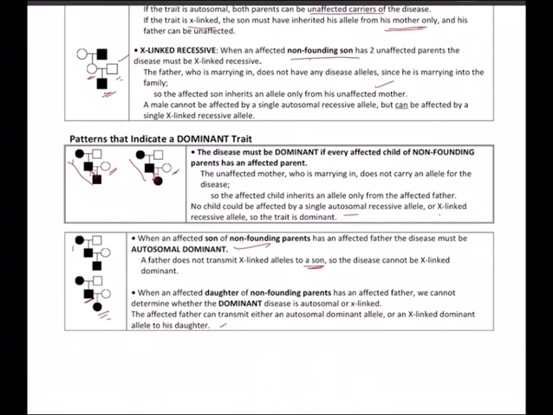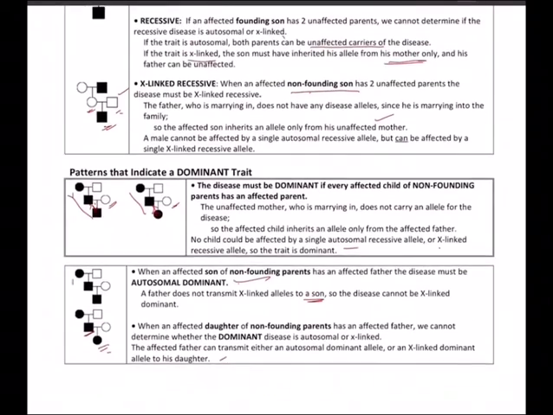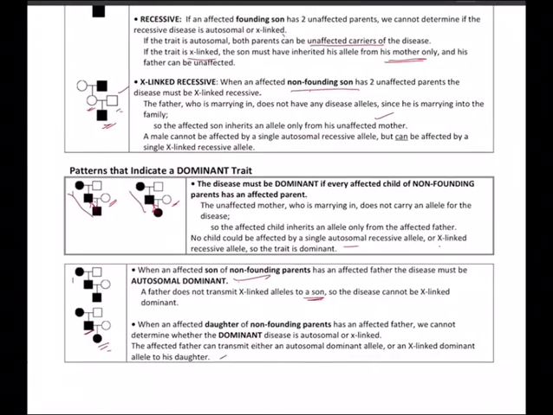So this is how we analyze by having that deductive logic, and you write the conclusion based on the observations with deductive reasoning. Your conclusion should be, is it autosomal dominant or autosomal recessive, or X-linked dominant or X-linked recessive.